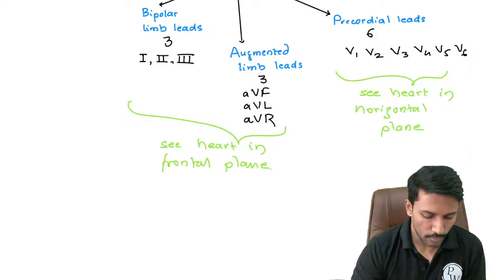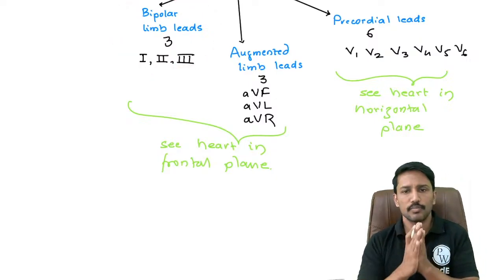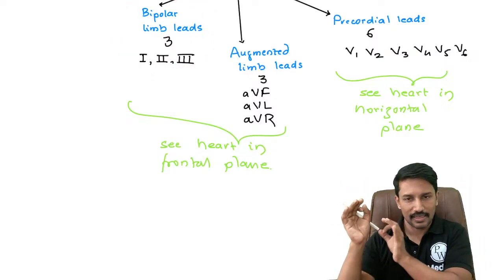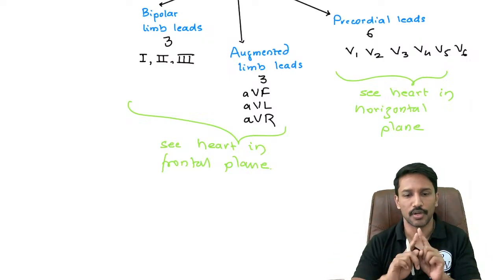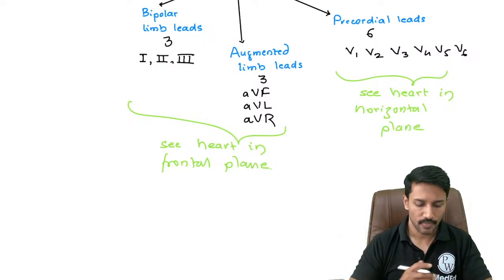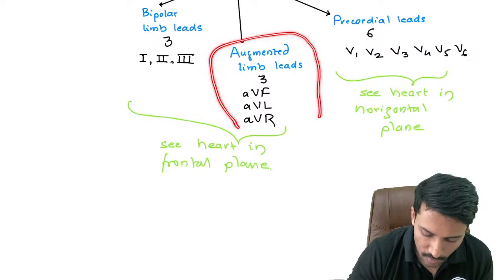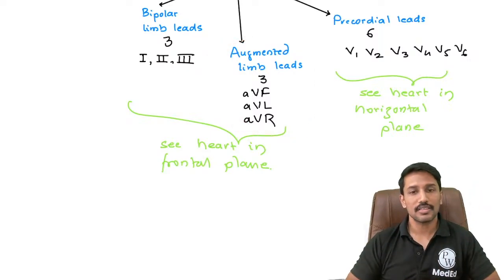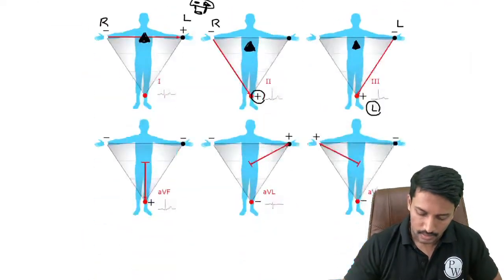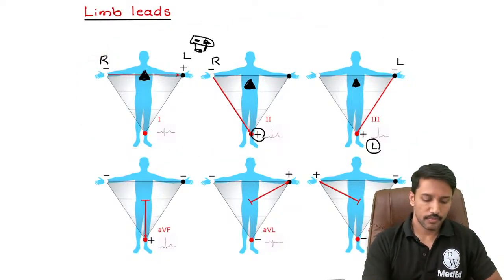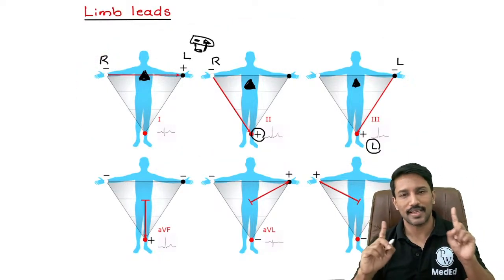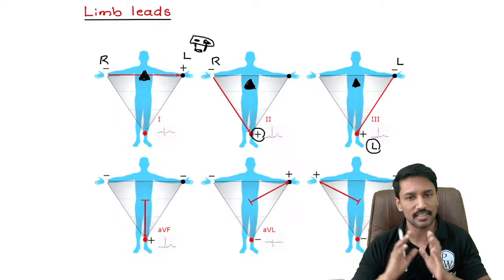Okay. Now for bipolar leads, I understood why they are called bipolar, because one limb acts as the negative pole, another acts as the positive pole, and we are measuring the net potential difference between those 2 points. Now then, why are these augmented limb leads called augmented leads? For the bipolar leads, what we were doing, we were using two limbs, one as negative and another as positive.